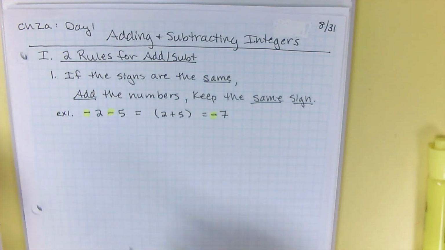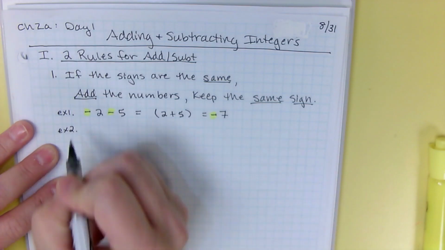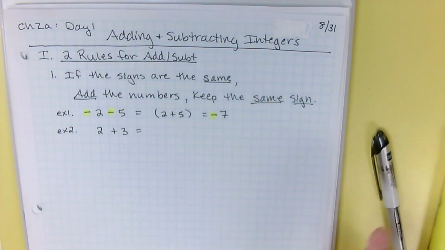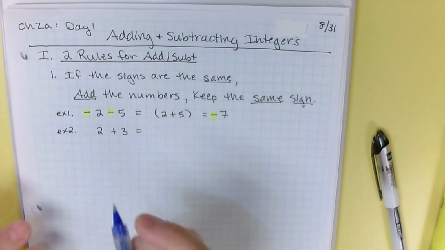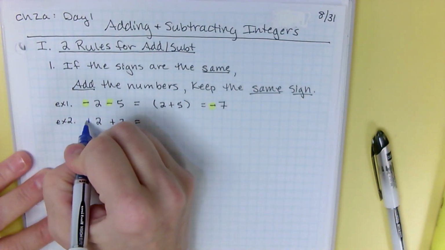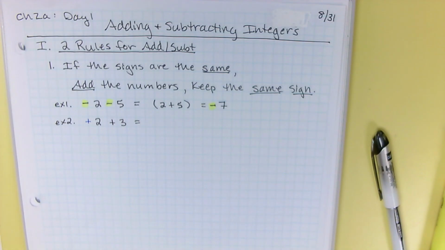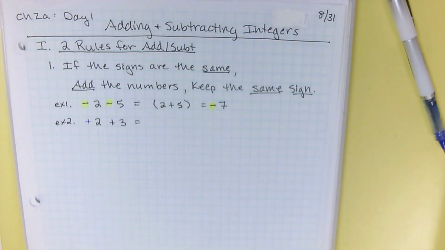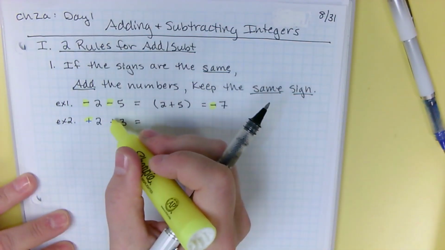Now, you've actually been doing this rule for quite some time. In grade school, when you did 2 plus 3, the only difference is they didn't tell you that the 2 has a plus in front of it. It's invisible. Can you imagine how much fun that would have been? So the signs are still the same, a positive and a positive.